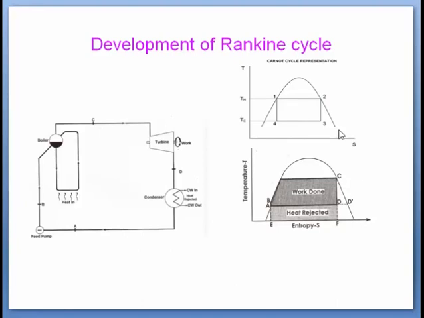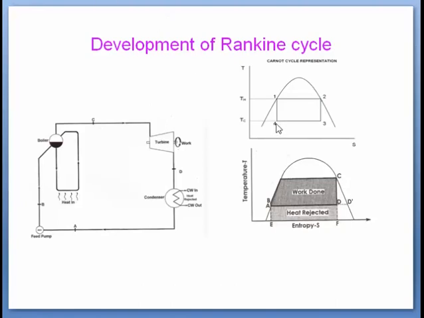The main thing was that the expansion in the turbine, as you can see here, was mainly in the wet zone. So it leads to chances of blade erosion, and the inlet condition to the pump is also in the mixed zone, that is, liquid and vapor phase.